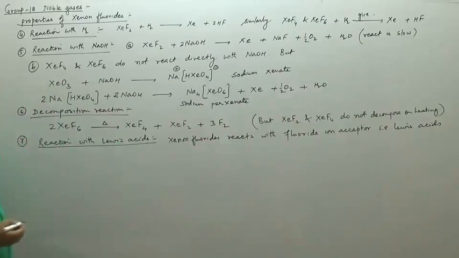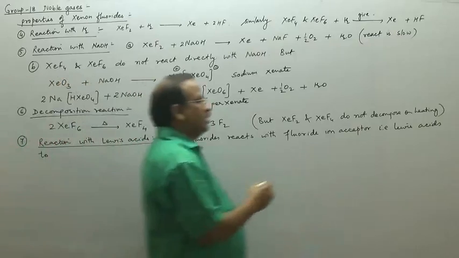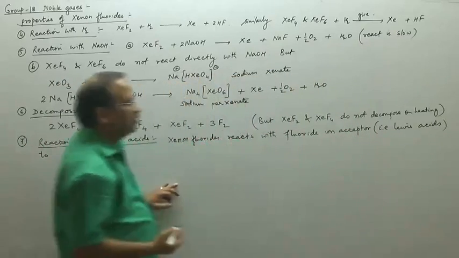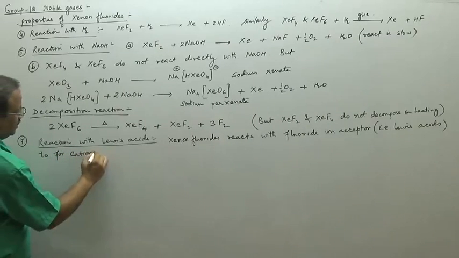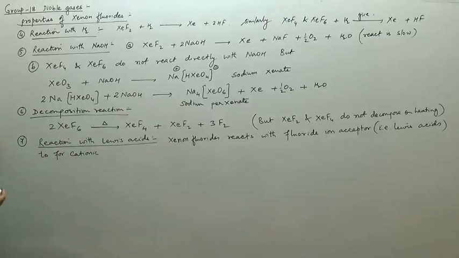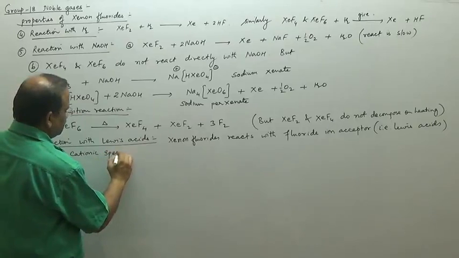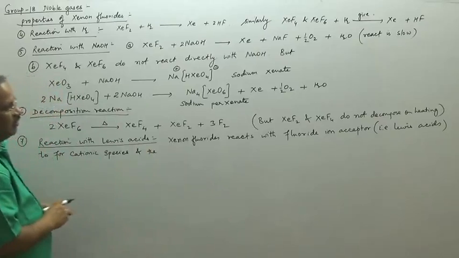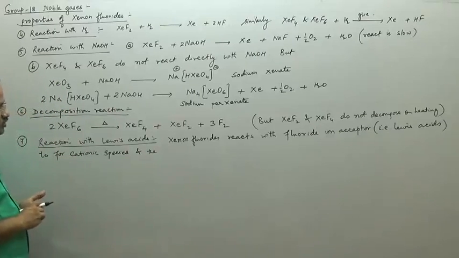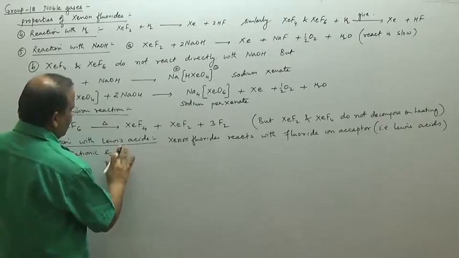So they react with the fluoride ion acceptors, the Lewis acids, to form cationic complexes, and the fluoride donor forms the anionic species. So we can write that cationic and anionic species form.